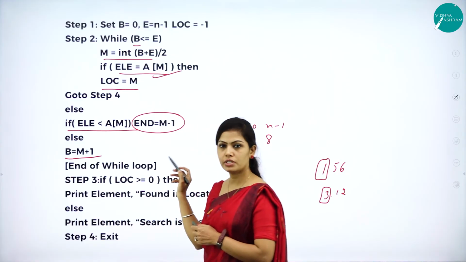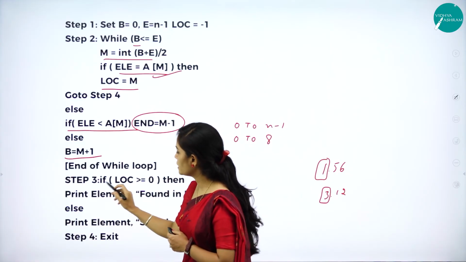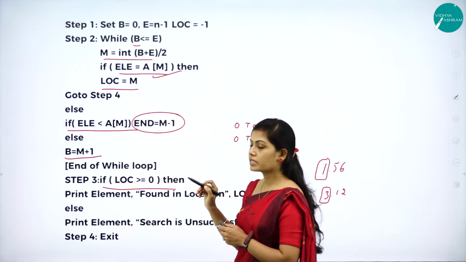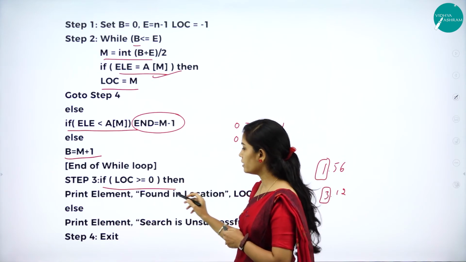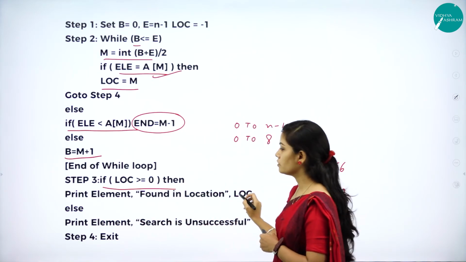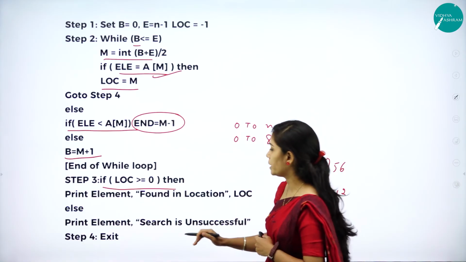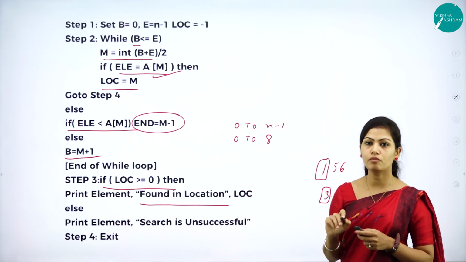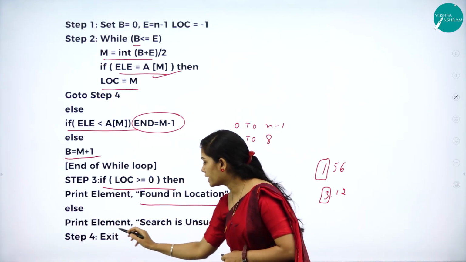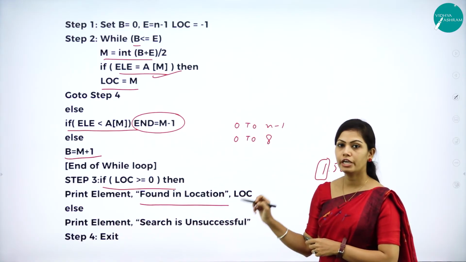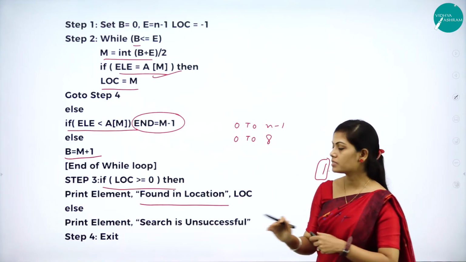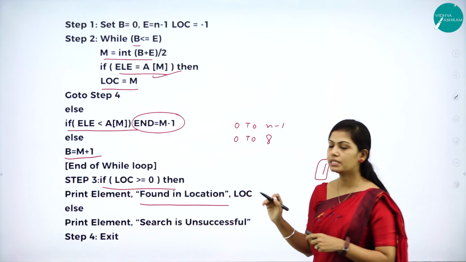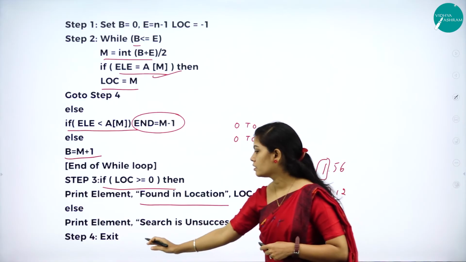End of while loop. And step 3, if location is greater than or equal to 0, then found in location, in which location we got the element, it will print the element found in location LOC, or else print element search is unsuccessful. If your element is not found, it will print search is unsuccessful and exit.